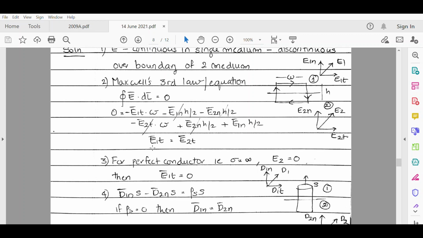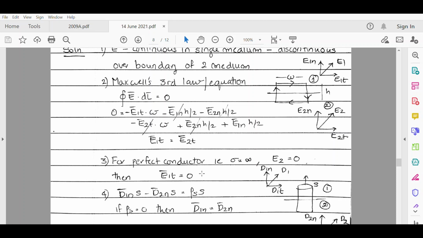Let us see, for a perfect conductor the electric field inside is equal to 0 and the conductivity is equal to infinity. From the previously derived equation itself, we can make out that the tangential component of the electric field in the dielectric medium would be equal to 0, since the tangential components in the two media are equal.